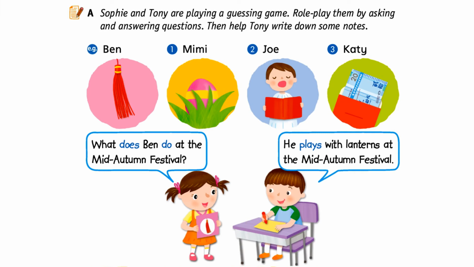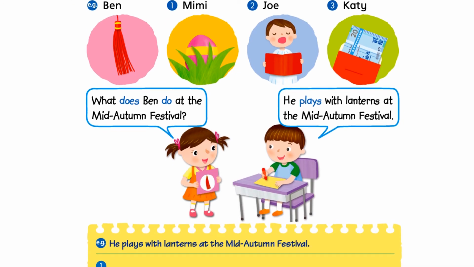Let's read the example together. What does Ben do at the Mid-Autumn Festival? He plays with lanterns at the Mid-Autumn Festival. Now let's take a pencil and underline the verbs here. In the questions, we use does, do.